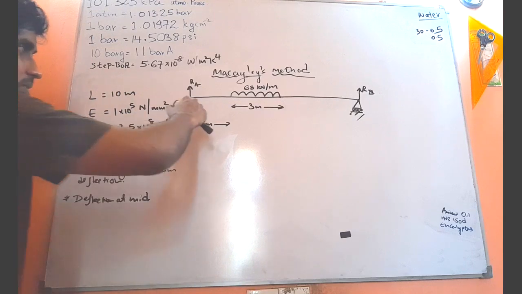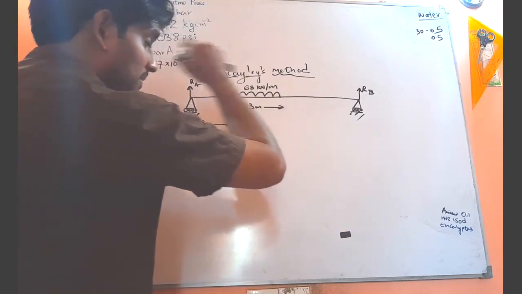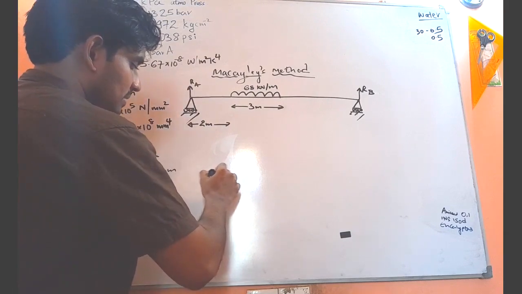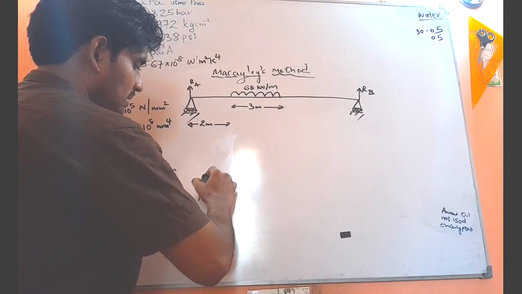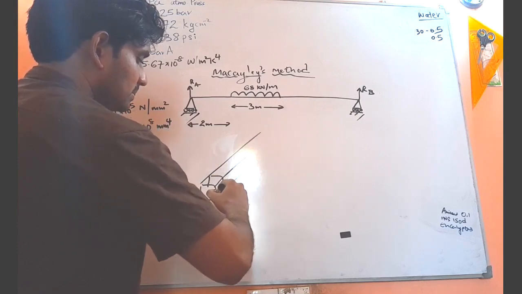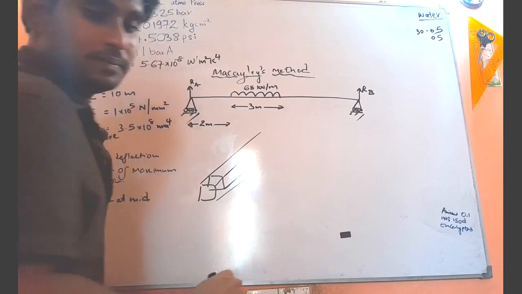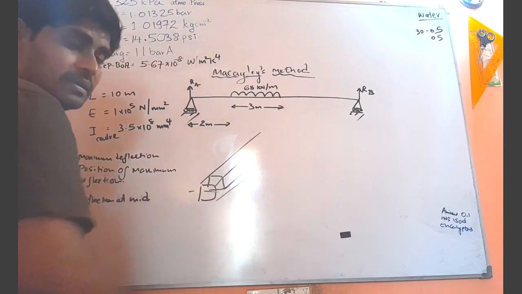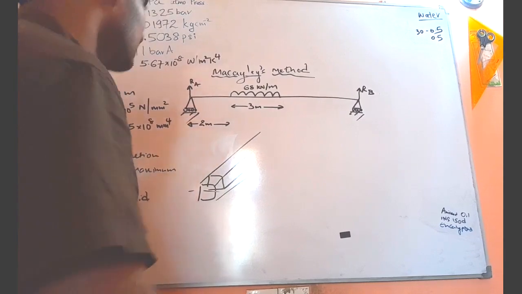So this is the simplified beam I have sketched. You know the beam continues like that. The second moment of area about the centroidal axis is the value we have to consider for the calculations.